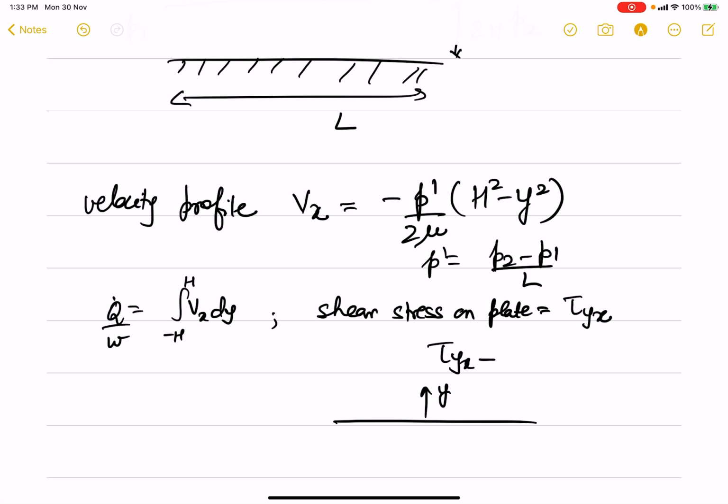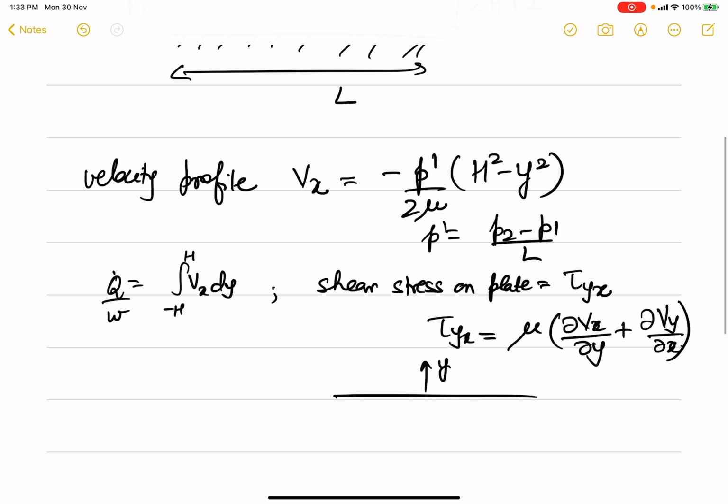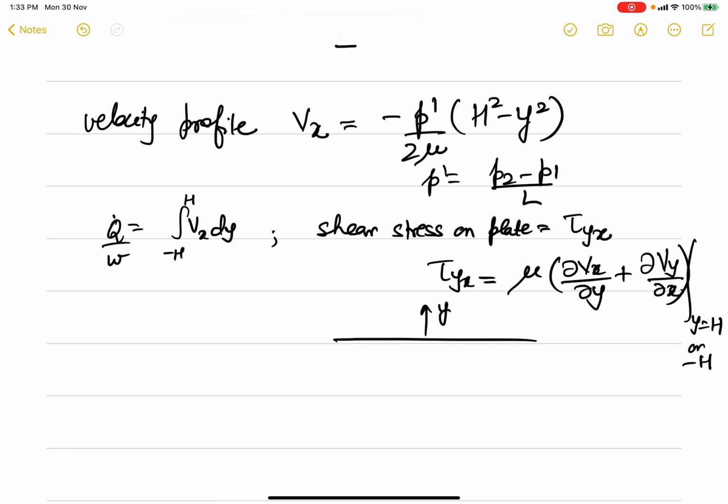And when we look at our sheet, tau yx is equal to mu times partial Vx by partial y plus partial Vy by partial x. And these we substitute from the expression of the velocity profile, and they have to be evaluated at y equal to h or minus h. And using these, we can calculate the expression for the shear stress on the wall.